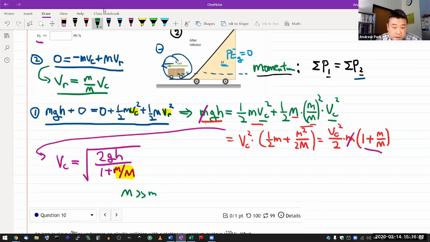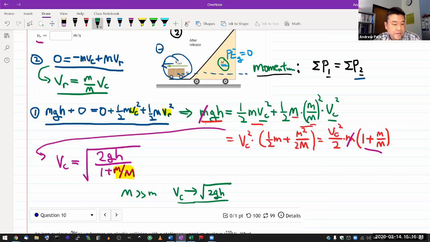In that case, this ratio goes to 0. So your solution for the speed of the cart goes to the square root of 2gh. And when you see that, I hope you recognize that as the speed of something that's fallen down from some height h, and that this answer actually makes sense. If the ramp is so heavy that it doesn't move, then the speed that the cart would have is that square root of 2gh.